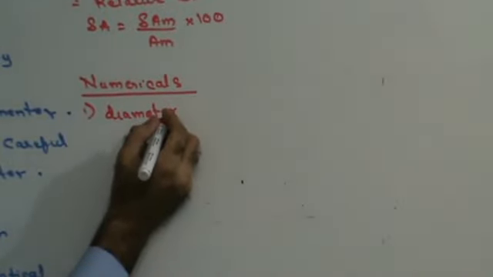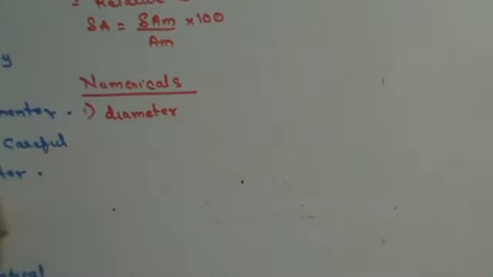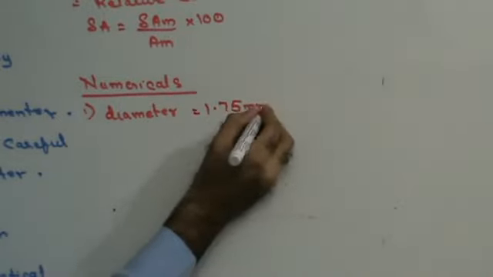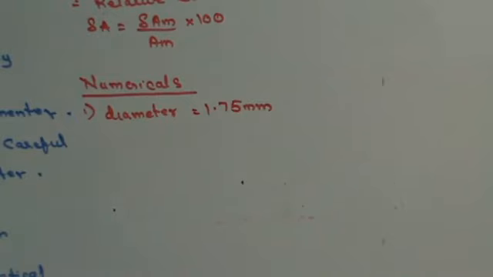The diameter of a wire is measured by a micrometer screw gauge and is found to be 1.75 millimeters.